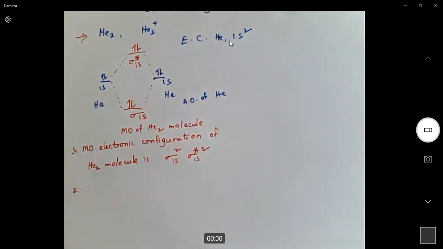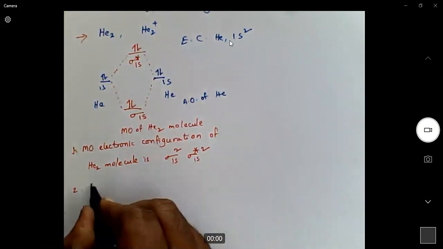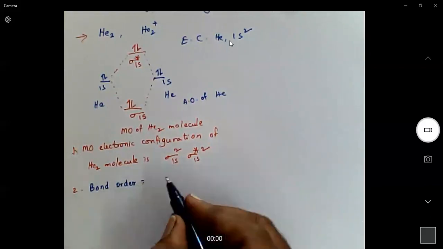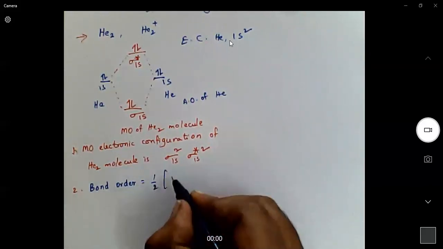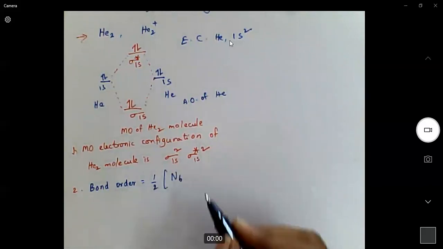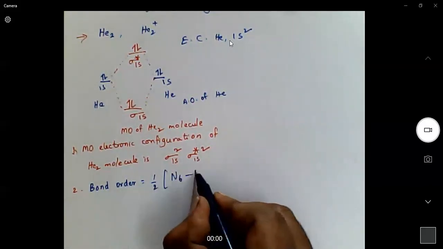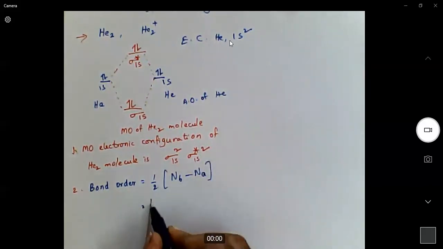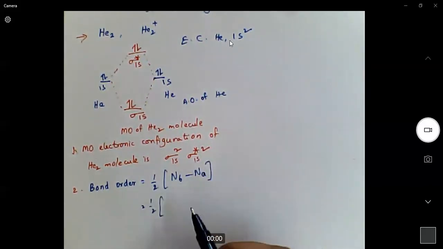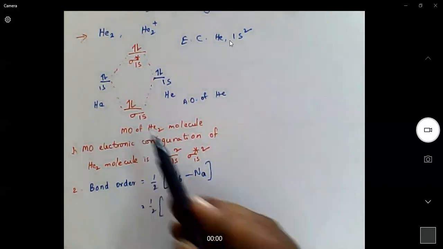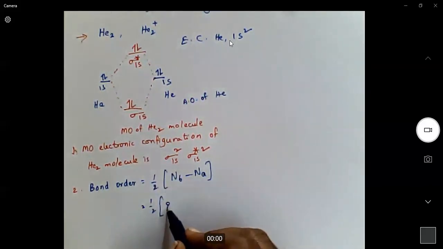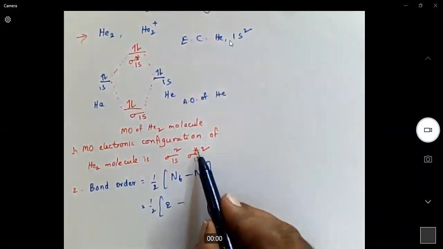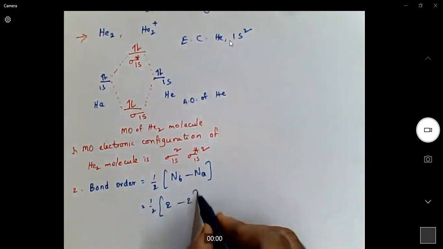Now the bond order is half of the number of electrons in bonding orbitals minus the number of electrons in anti-bonding orbitals. Number of electrons in bonding orbitals means lowest energy orbitals, sigma 1s, we have 2 electrons. Number of electrons in anti-bonding orbitals, that is star orbitals, we also have 2 electrons.